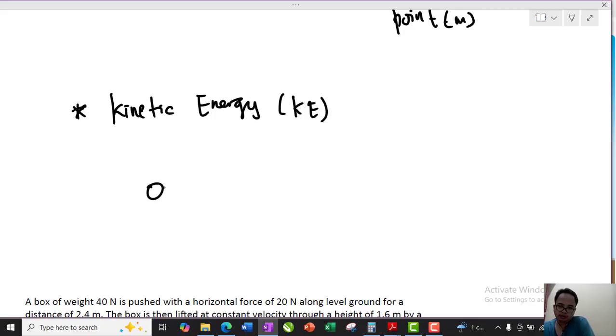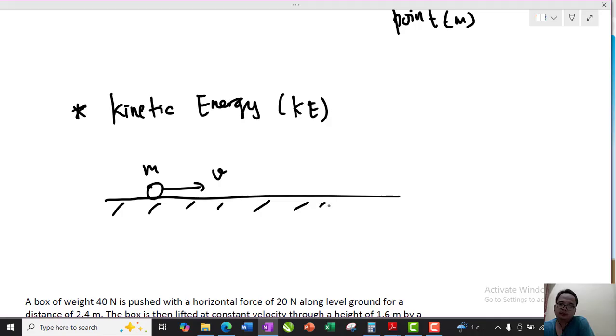So if there is an object with mass m and it runs with speed v, sorry, speed not velocity, the kinetic energy of the object is KE equals half m v square, where v is speed.